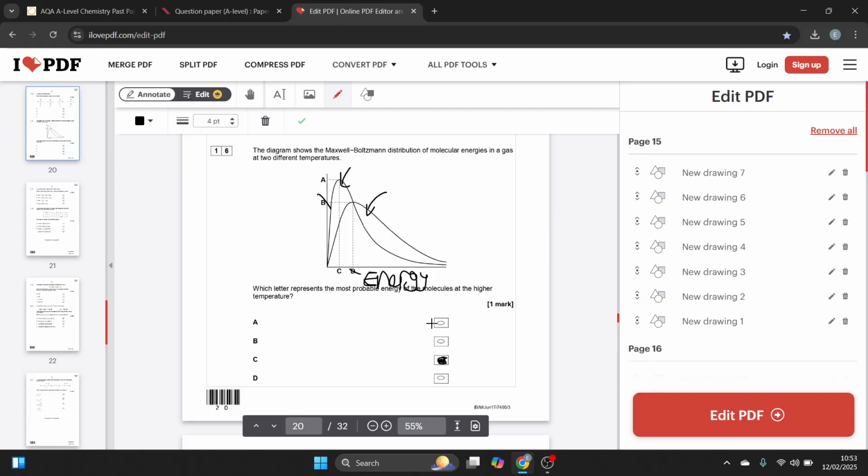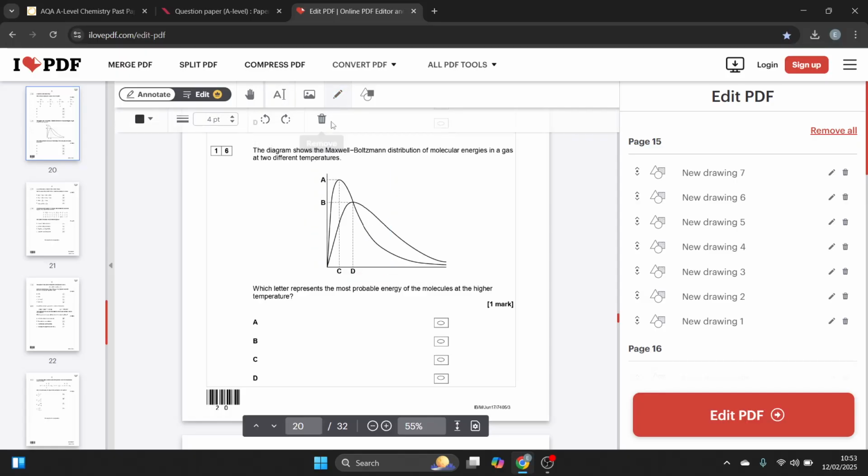Actually, no. At the higher temperature, I haven't gone through Maxwell-Boltzmann in a decent while, but at high temperature the peak goes down a bit.